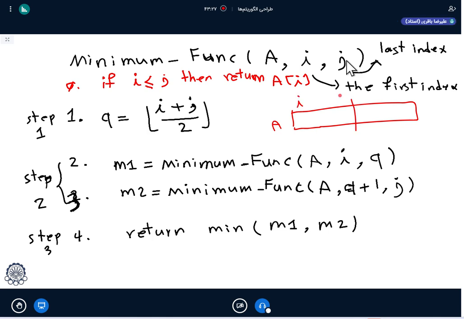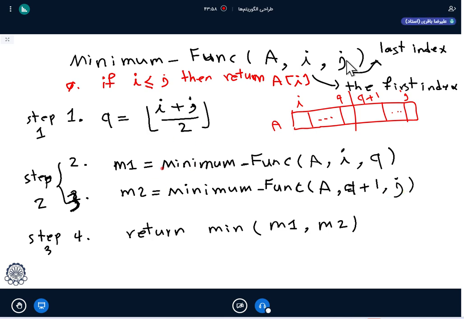Okay, if I draw the picture, from I to q and from q plus 1 to j. So in the second step, we call recursively our function for the first part and recursively for the second part.